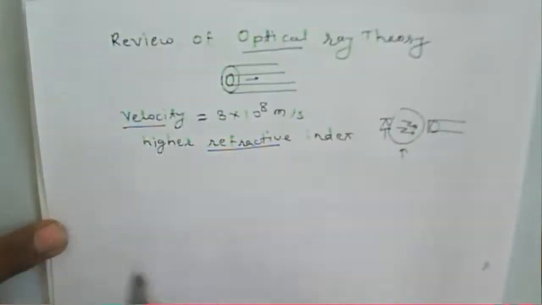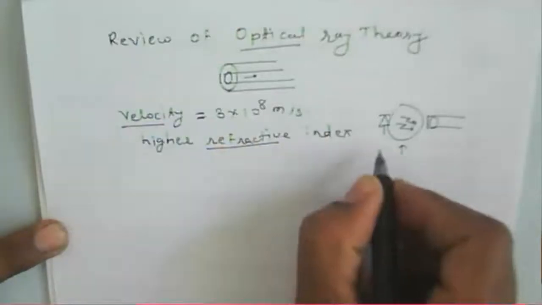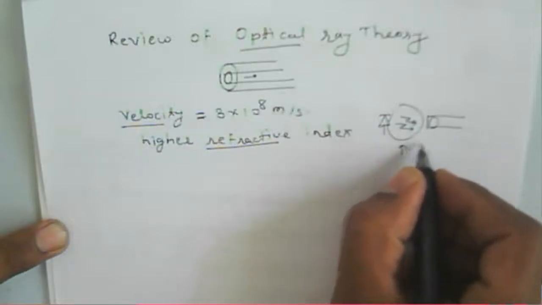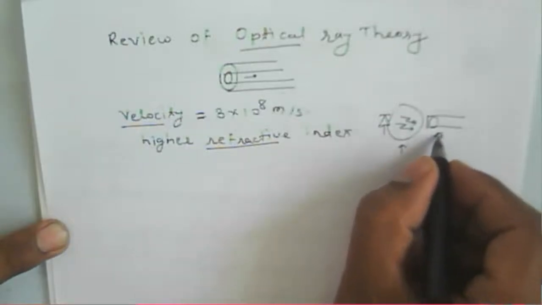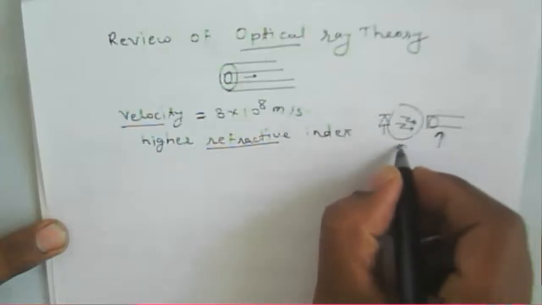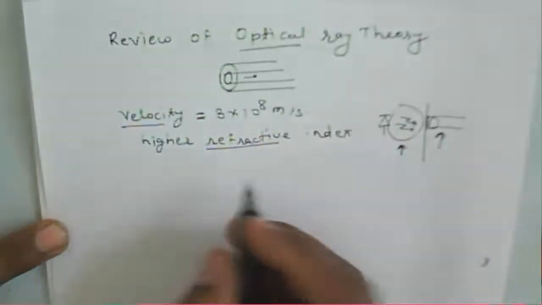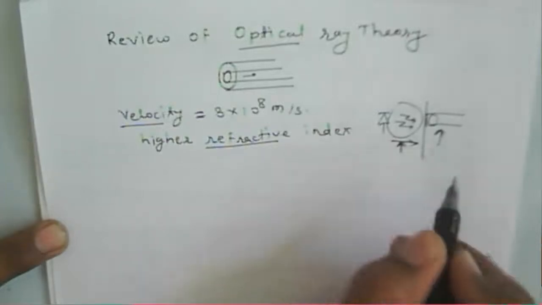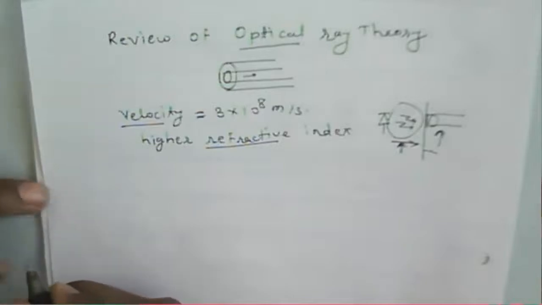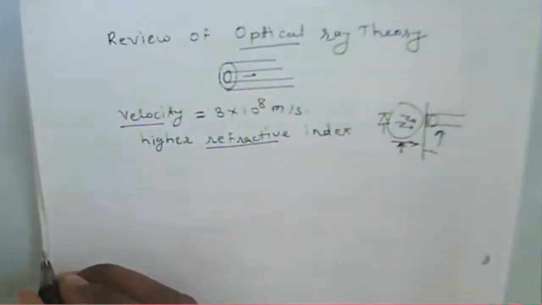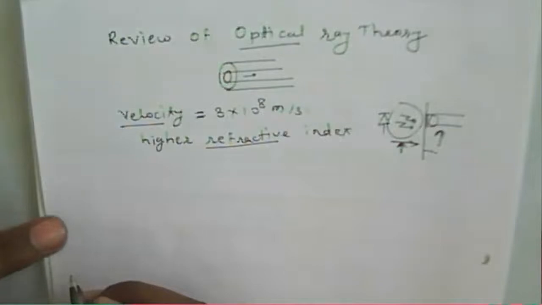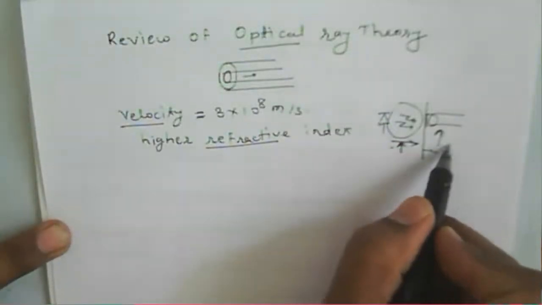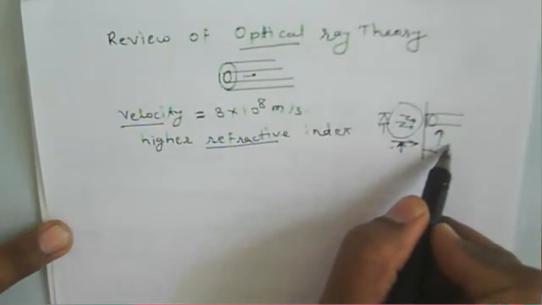Suppose we have a boundary between two different materials, one a free space, the other a fiber material. Rays propagate from the air across this boundary into the fiber. So we learn here what happens when rays propagate from one refractive index material to another refractive index material.